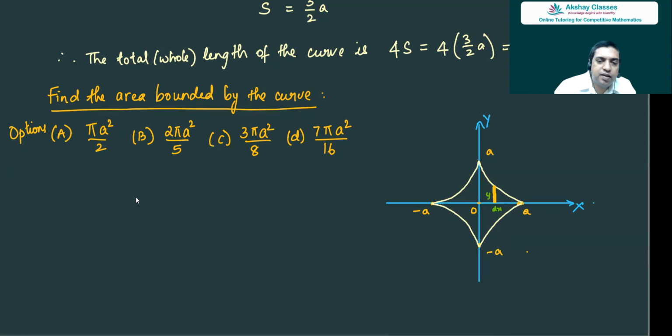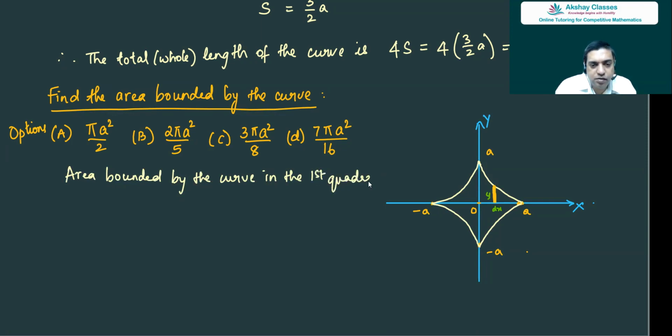So the area bounded by the curve in the first quadrant between the axes is, let's say A1, integral 0 to a y dx, f of x dx.